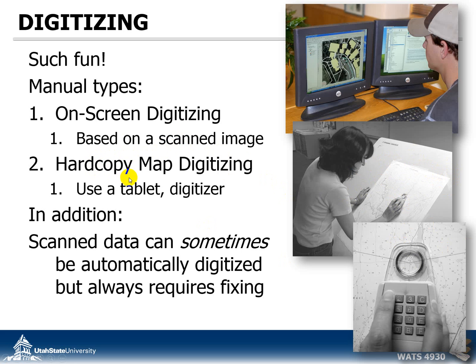You can also do on-screen digitization, where instead of doing this on a big tablet, which hardly anybody does anymore, you base this off a scanned image. You have a scanned raster image, but you want to get vector data off of it, so you trace on that. In addition, scan data can sometimes be automatically digitized to recognize and classify features, but it almost always requires some manual editing and fixing, because the algorithms rarely get everything right.